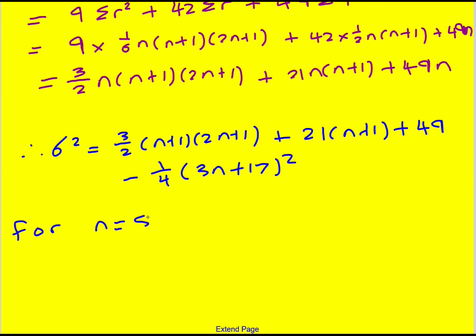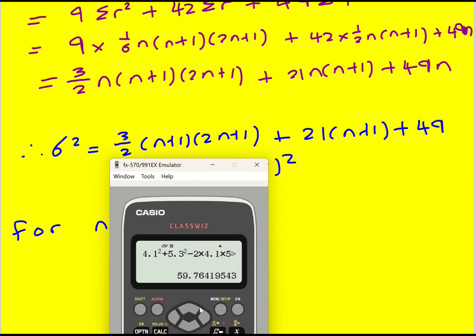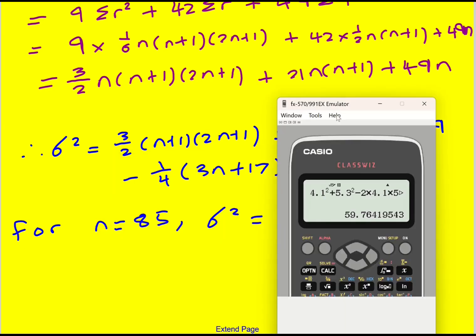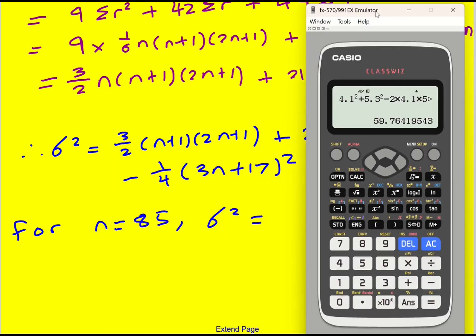So for n equals 85, you can sub in. I'll deal with the first bit all together, I think.